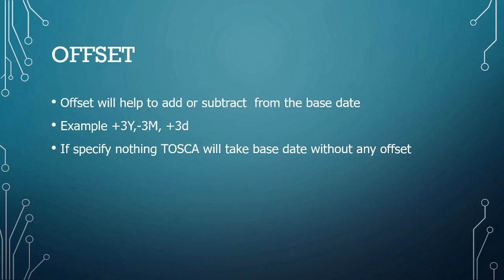So that will be the offset date. Similarly, whatever you want you can add as per your requirement. If nothing is mentioned in offset, just create the square bracket and leave it blank. So TOSCA will take the base date without any offset.